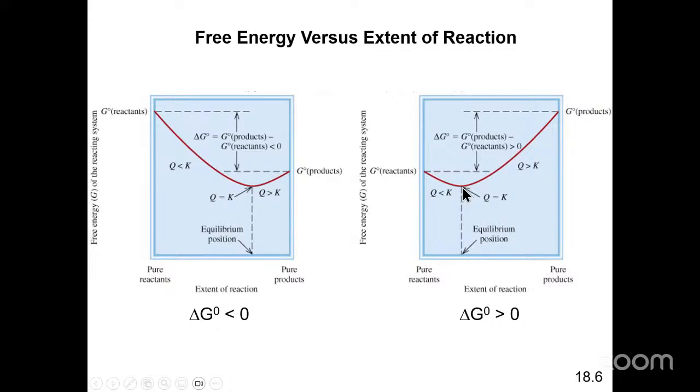When Q is equal to K, then the equilibrium position will be closer to the reactants, right? And that's what happens in the case of a situation where the standard free energy is greater than 0. So as I said before, these are graphical representations of the relationship between the free energy and the equilibrium constant and the reaction quotient as well.